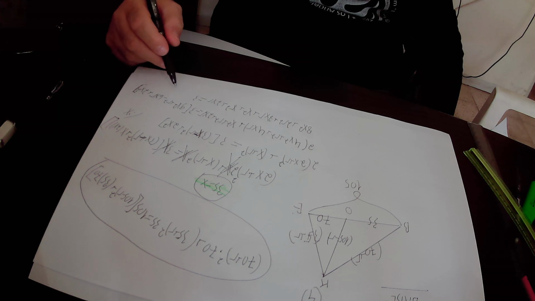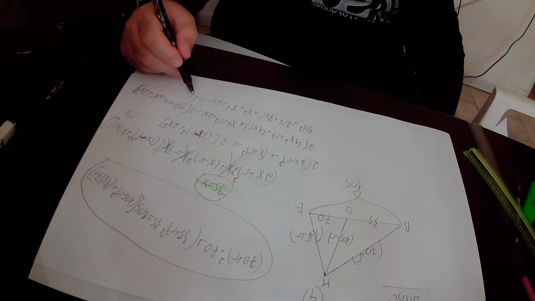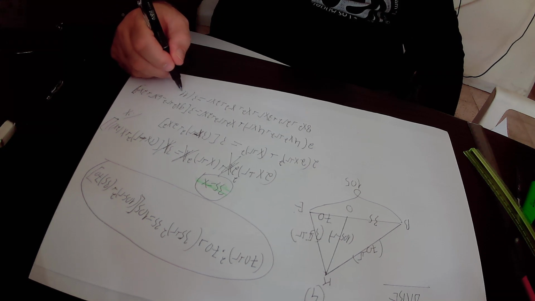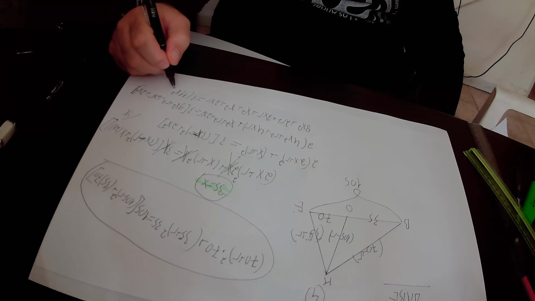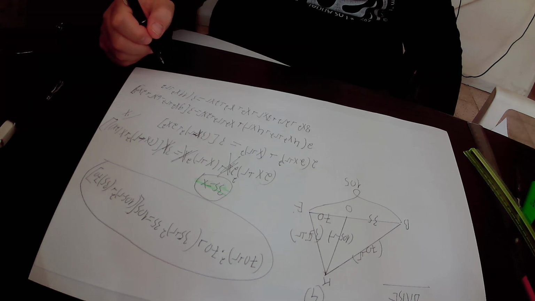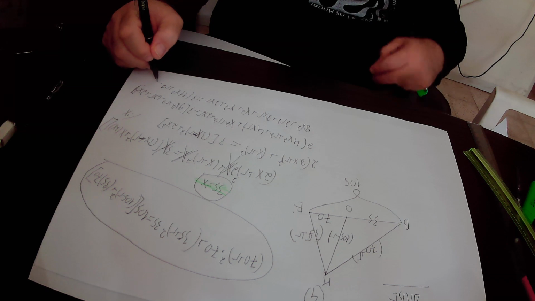Here we have inside the brackets 9x squared plus 2x squared is 11x squared, plus r squared, minus 6xr.